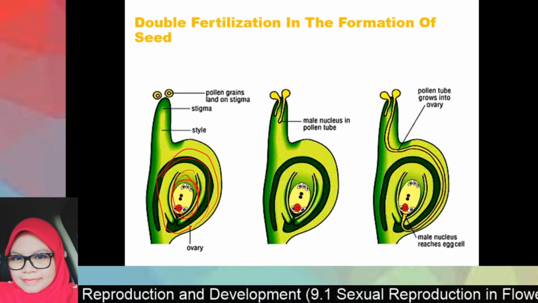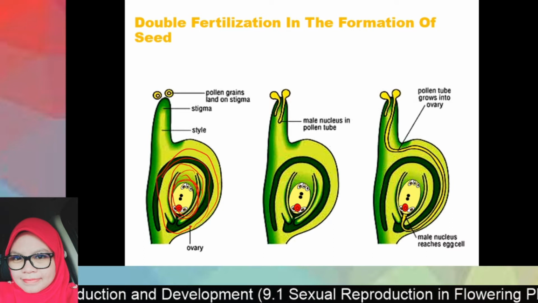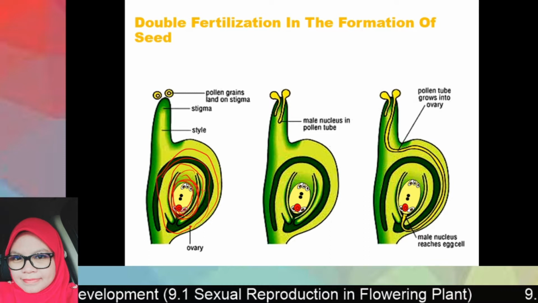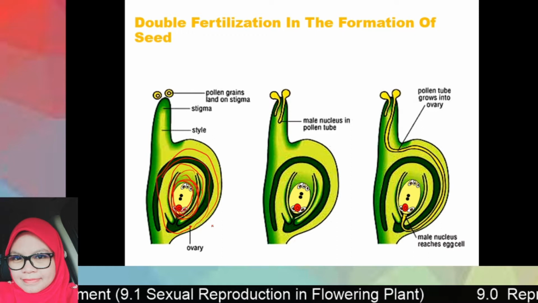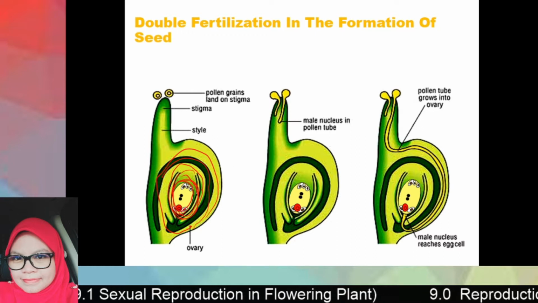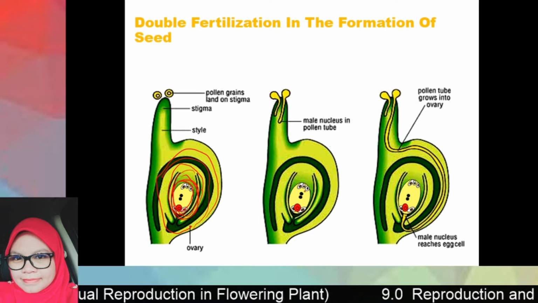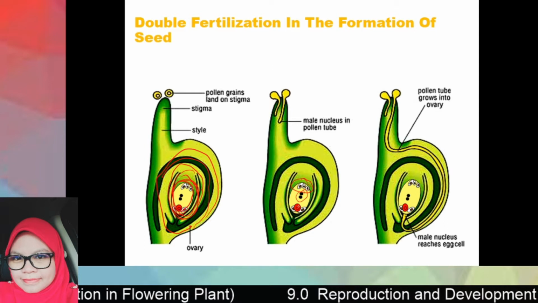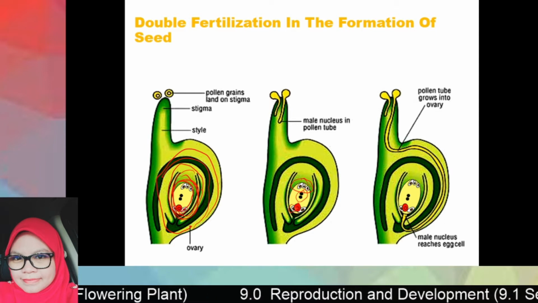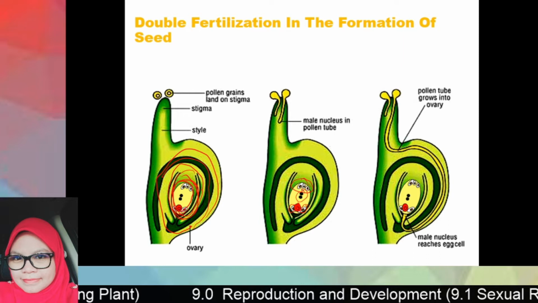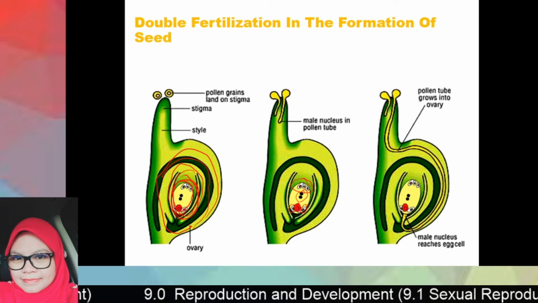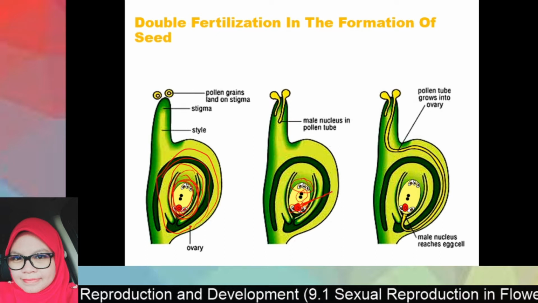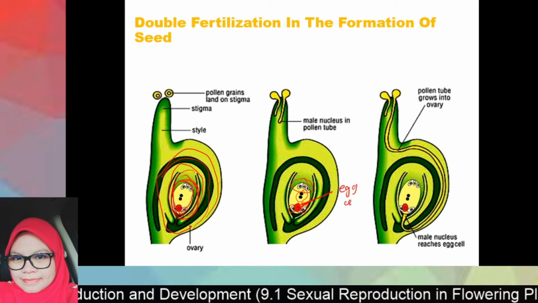In the ovary there is an ovule, and in the ovule there is an embryo sac, also called the female gametophyte. So look at the position: 3 antipodal cells, 2 polar nuclei, 1 egg cell, and 2 synergid cells. For the female gamete, only 1 gamete is produced, which is the egg cell.